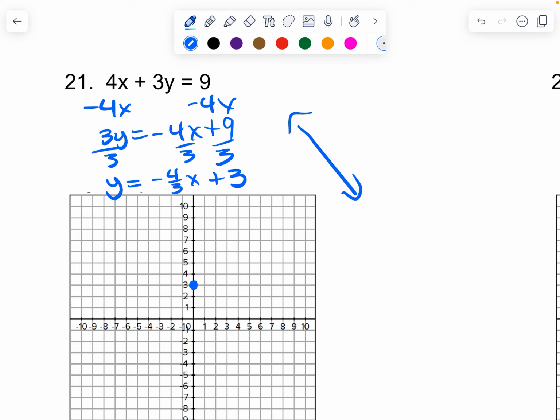If I go up 4, 1, 2, 3, 4, I have to make sure I go to the left 3. Or go down 4 and over 3 to the right. And voila.